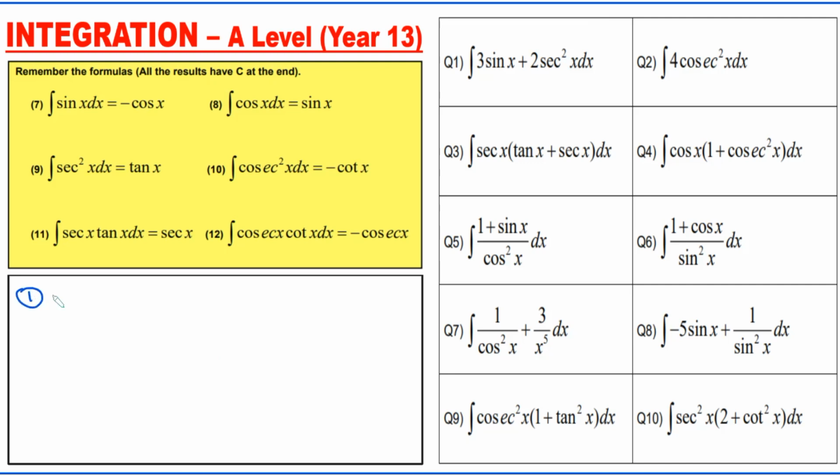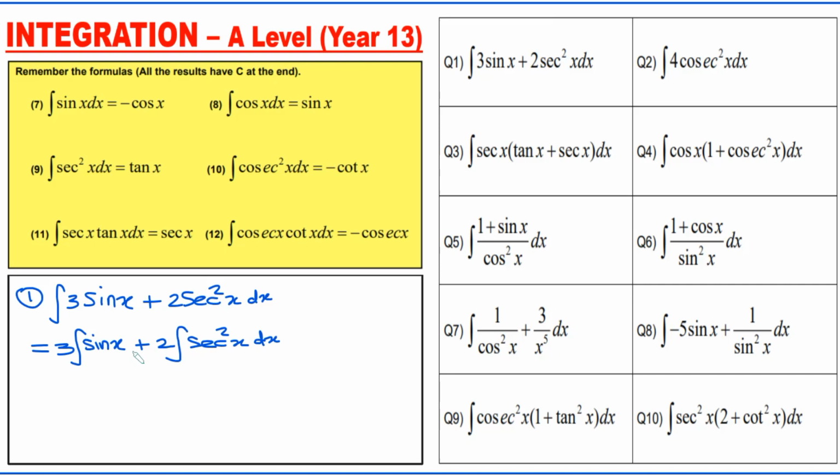Question number 1. Integrating 3 sin x plus 2 sec squared x dx. So you can separate the integration into two functions. The 3 as a constant comes out, sin x plus 2 comes out, sec squared x dx. And here also I need to put dx.